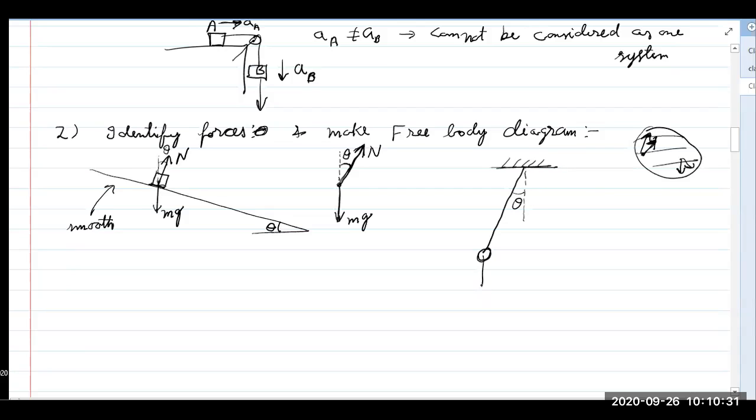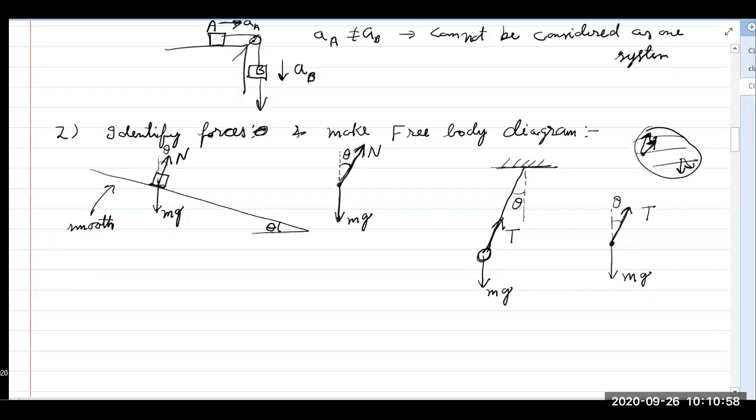One force is mg, another force is the tension, and the bob is not in contact with any other object, so there will not be any normal force. Its free body diagram is like this: mg and tension. In this way we make the diagram, and this is also again theta.